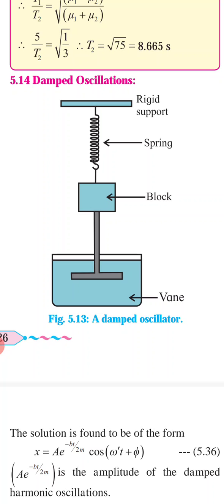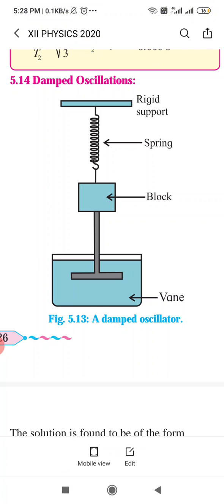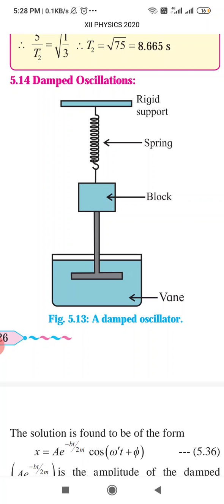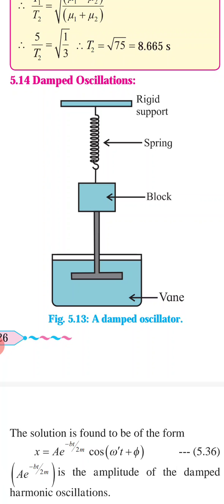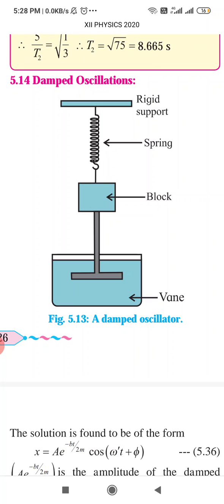From the block, a rod extends to a vane that is submerged in a liquid. So this vane is inside a liquid. When it moves up and down, the liquid exerts a drag force on it. So on opposite sides, the liquid exerts an opposing force on it.